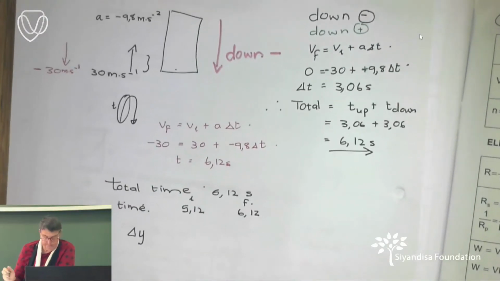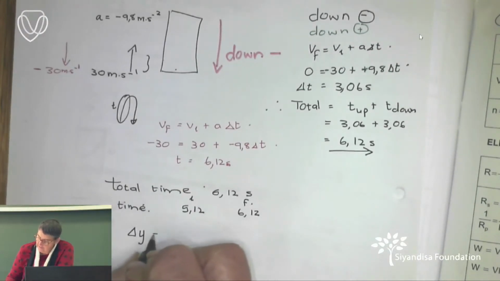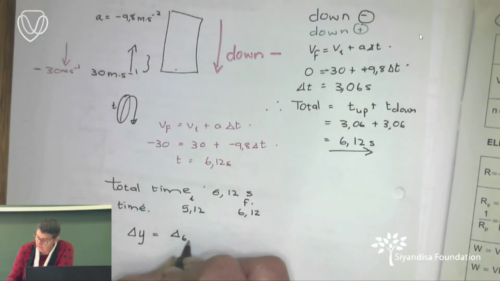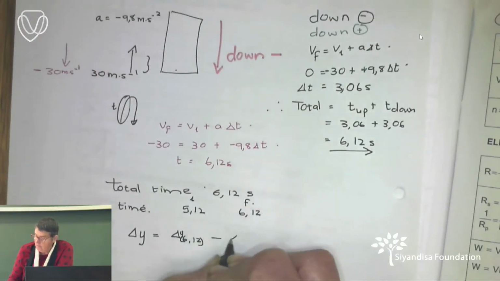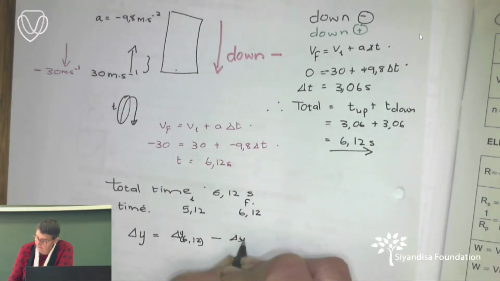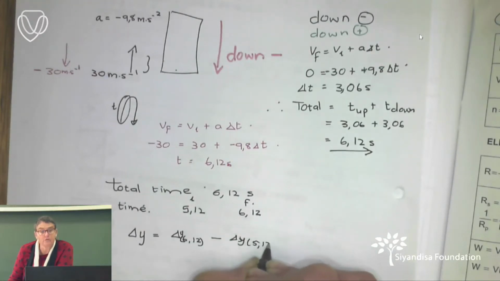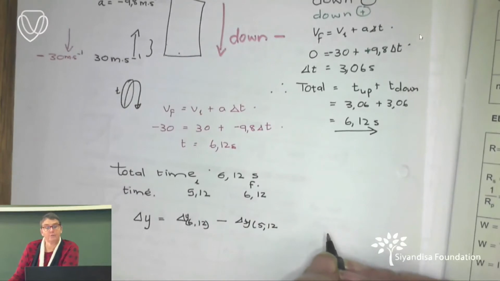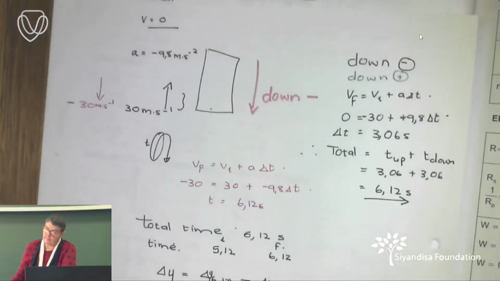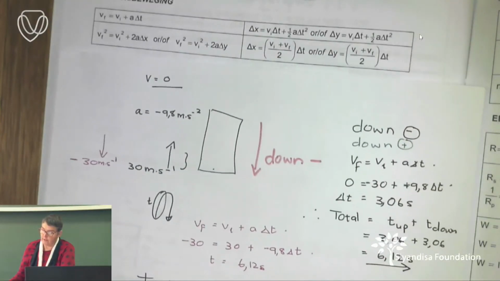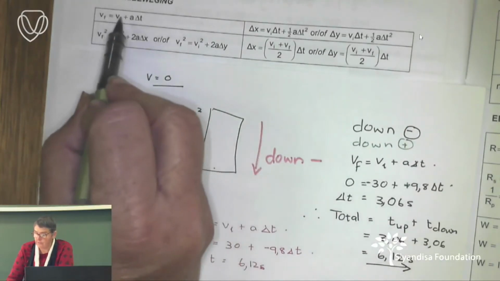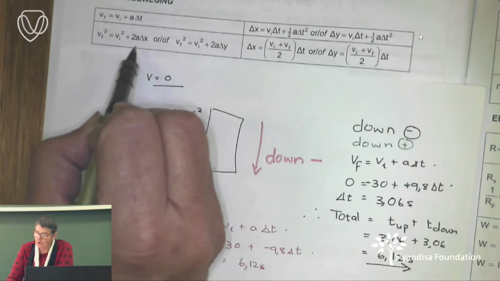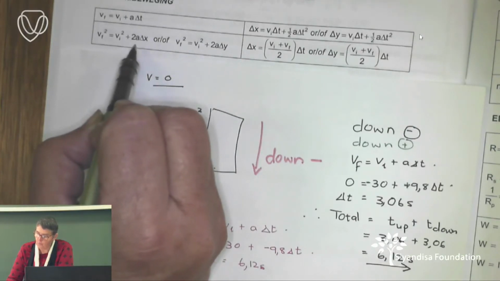You could say that delta y is equal to delta y at 6,12 minus delta y at 5,12. That's a bit complicated for me. So what I'm going to do is I'm going to go and have a look at which formula I'm going to use. They are asking for distance here, so I can't use that formula. I could maybe use this formula.